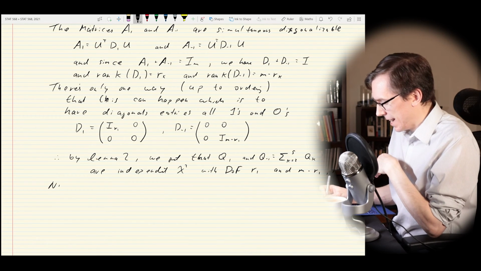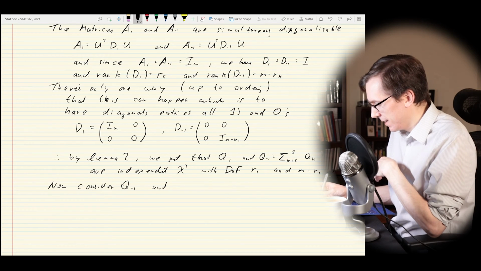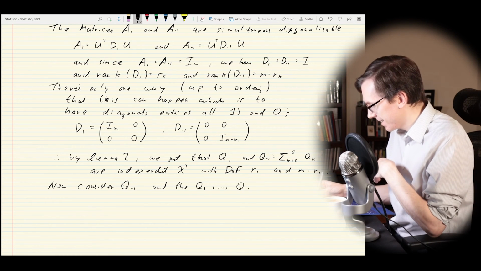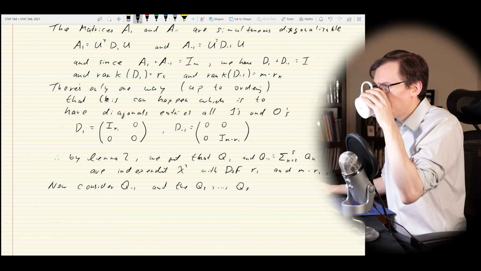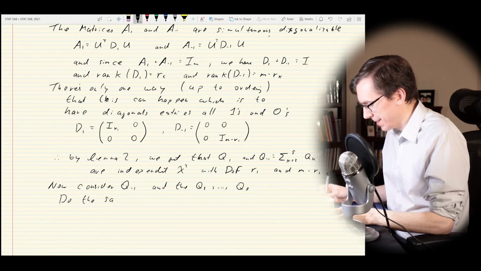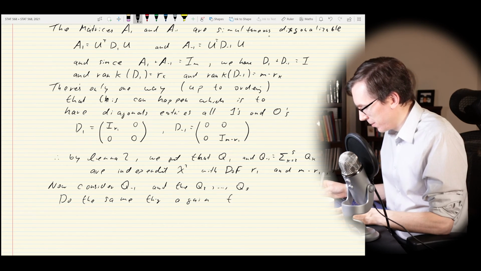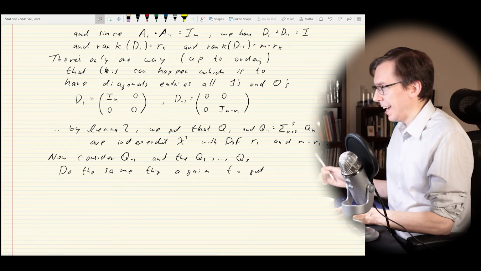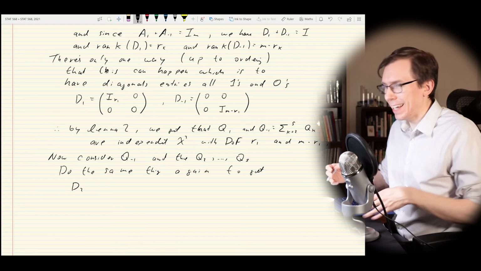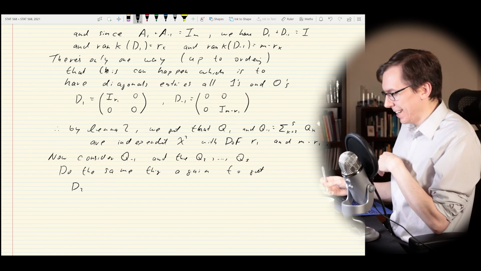So now we're going to do it all again, but look at the remaining ones. So now consider Q minus 1 and Q2 through QS. We do the same thing again to get D2. We take Q2 and A2 and do the exact same trick of diagonalizing it.